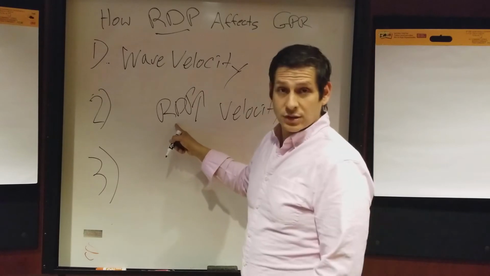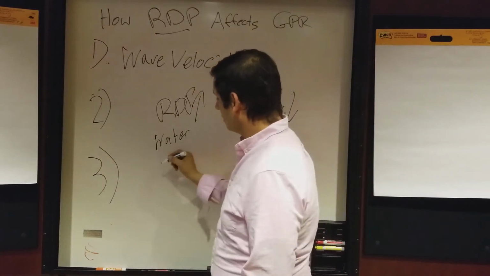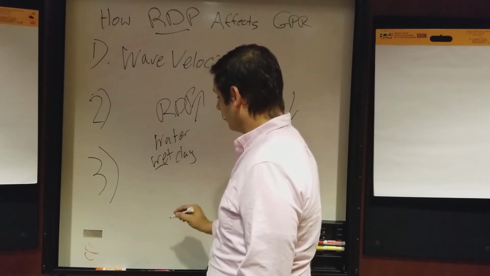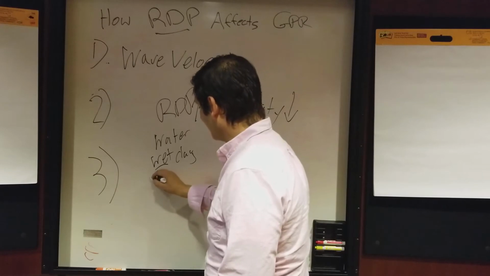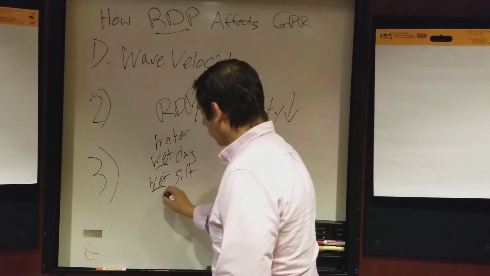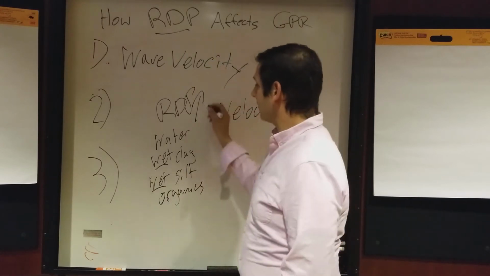What's an example of something with a high RDP? Water. Wet clay, which again has water. Wet silt. Organics. So all of these have high RDPs.